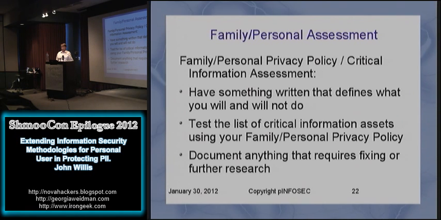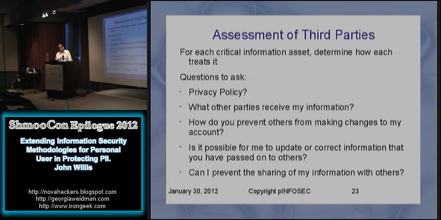What is the threshold you have to cross in order for that information to go to someone? That needs to be clearly defined so that there's agreement and so that you can actually get a handle on the information. And then you actually apply that policy and go through the information you derived so far and identify anything that requires fixing or requires further research.